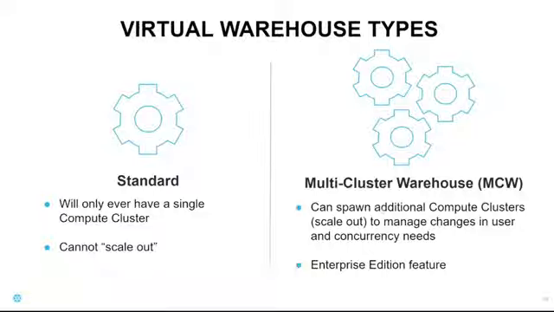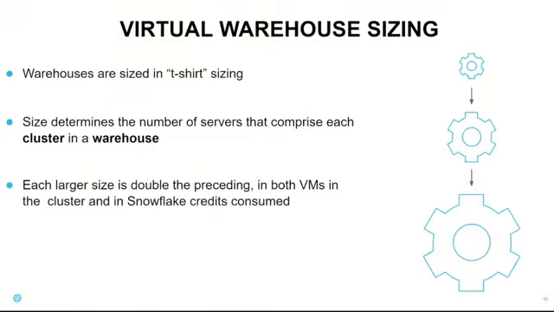The other one is the multi-cluster warehouse, where multiple compute clusters work together, and it is only available from the Enterprise version onward. If you want to scale out your warehouses, you can simply add different clusters inside your warehouse to help achieve concurrency in your queries.